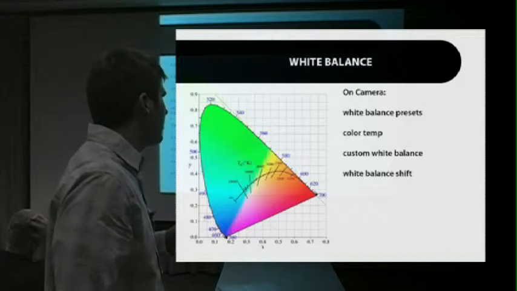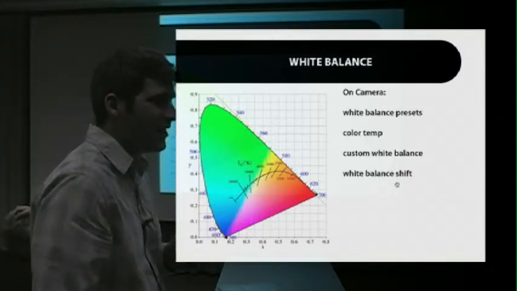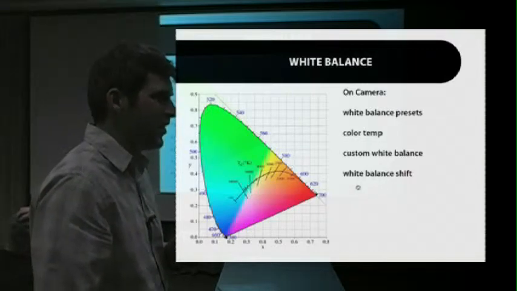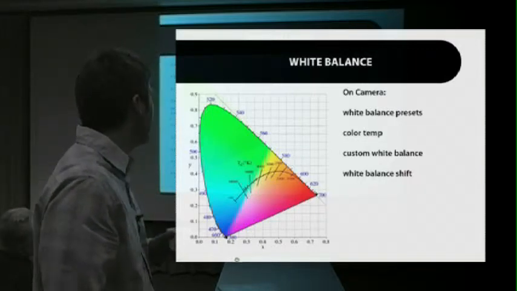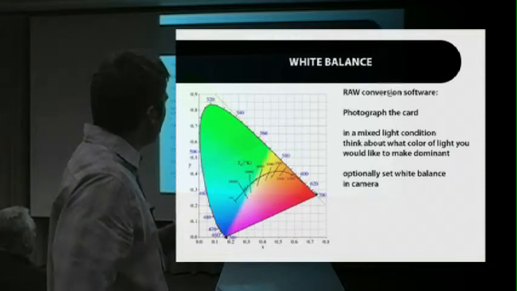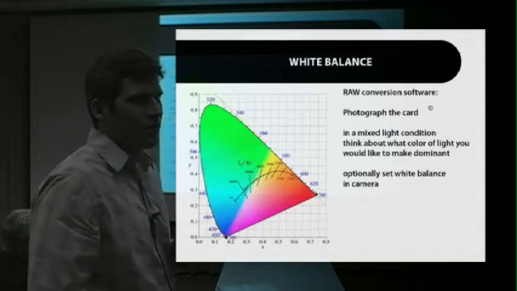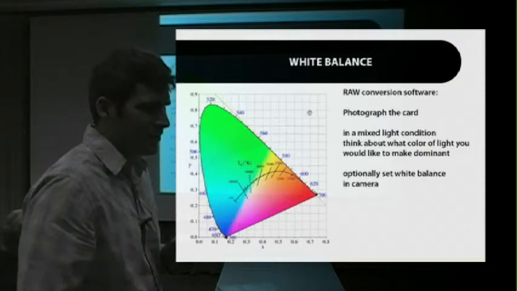My camera actually also allows for a white balance shift, which I didn't even know was there until I went looking, researching all of these options. What that allows you to do is set it to 5,000 degrees Kelvin and then move it a little bit in one direction and then off to another direction. And then it even allows you to bracket, okay?